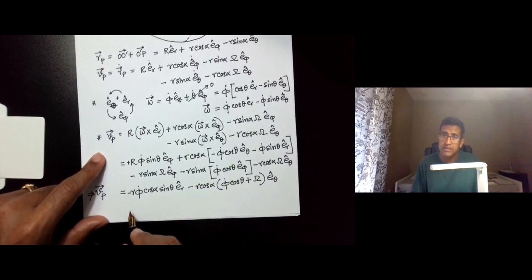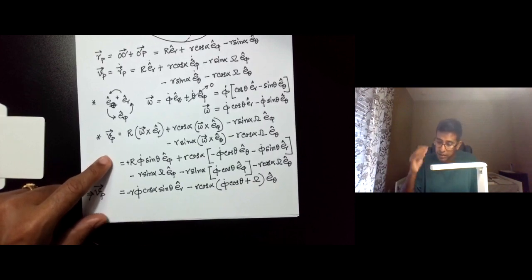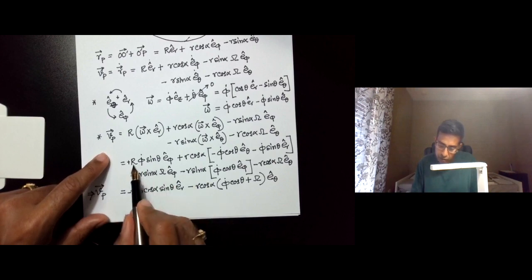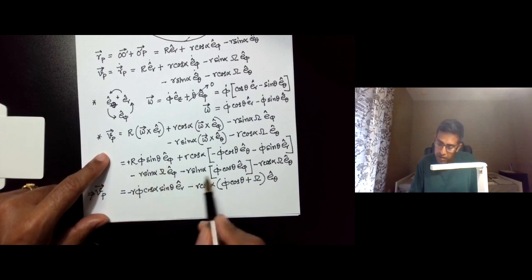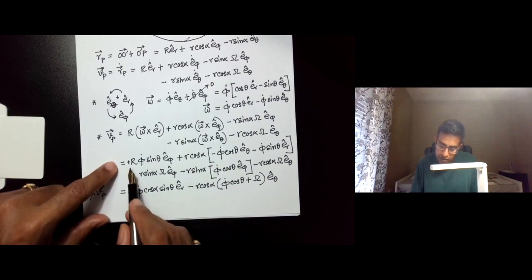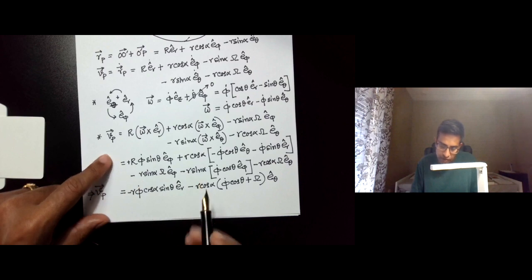And then lastly we are going to put together the component in the E phi direction, and so we have one term here, a second term here, and the third term here. So we have, this is a positive term, this is a negative, and this is a negative term as well.